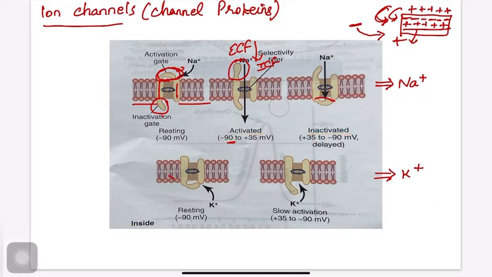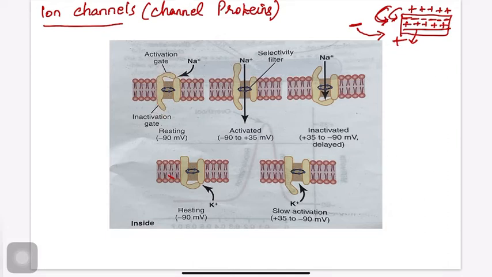Then about potassium channels. The potassium channel has only two states, as it has only one gate, which is present towards the interior of the cell. At the resting membrane potential of about minus 90 millivolt, the potassium channel will be closed.